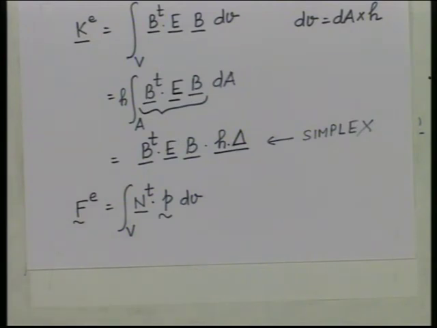But N transpose is not constant, N is not constant, it is a function of x and y. Every N is a linear function in 2 dimensions, x and y. So, it will have terms of x and y, but there is no term x into y.